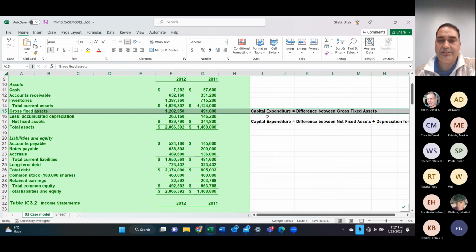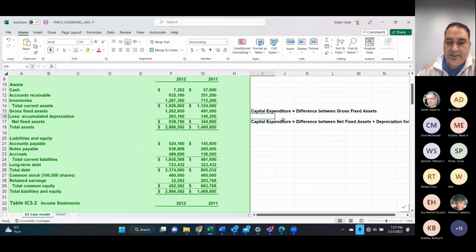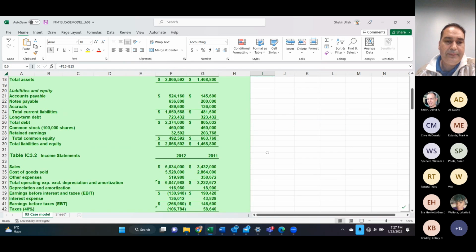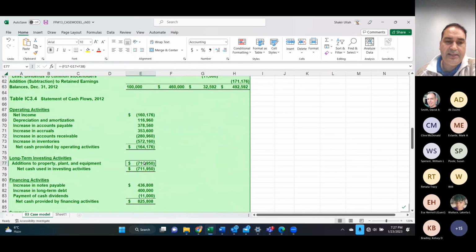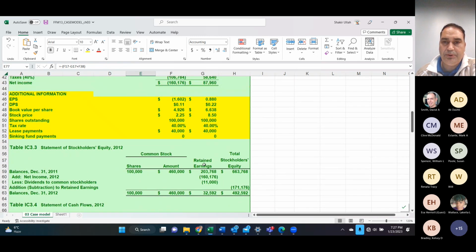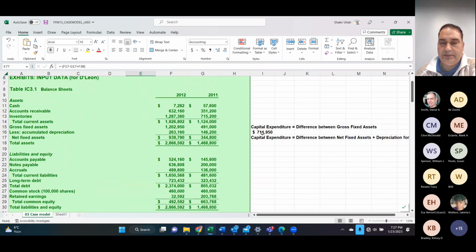And of course, that means that we have spent money on this. What is the difference between the two? If you find that difference, the current year gross fixed assets minus the last year, there is a 711,000. So that's the same number that we have got here in the cash flow statement. The only thing is that here it is represented as negative because it represents a cash outflow. But that's just the absolute value of the capital expenditure.